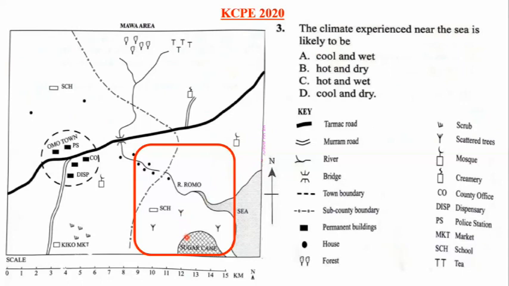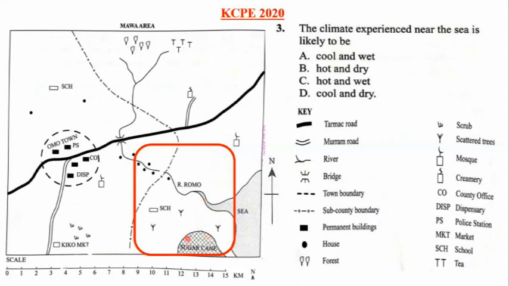Number two, we have the crops. Here we have the sugarcane. Sugarcane can be used as evidence, or even nearness to the sea. See, the sea is here. So we can use the crop here and the vegetation so that we can tell the climate that is being experienced on this area of the map.